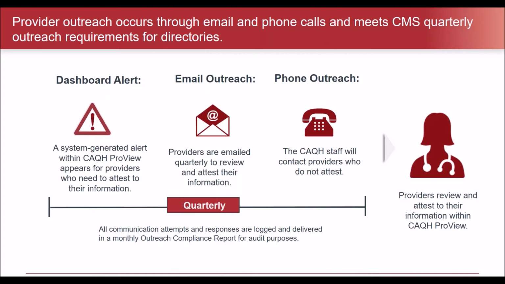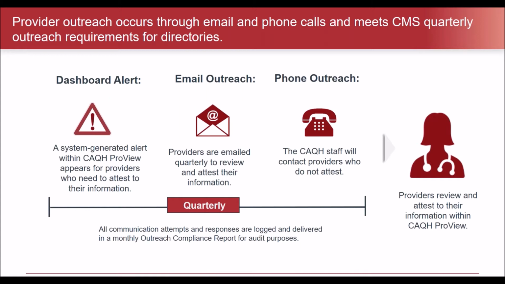And what we're doing here is now we're communicating to them about these provider directory requirements, explaining which health plans have identified them for directory maintenance, and then giving them the ability to log directly into the system and make those updates. Even if they come into ProView just to do normal attestation, we also will call out to them that there is a need for them to look at their directory data, so we're going to also communicate once they log into the system.